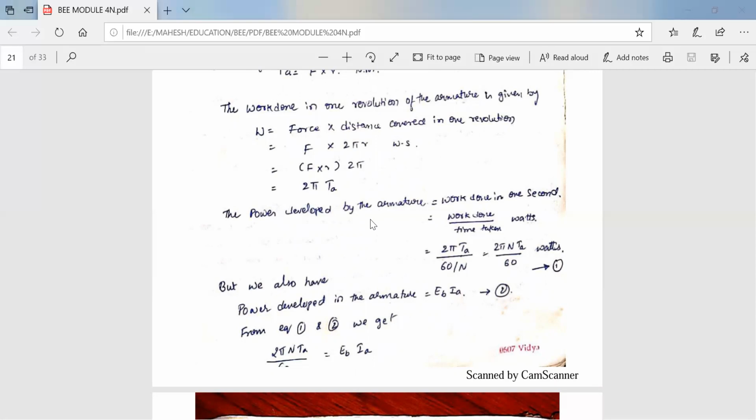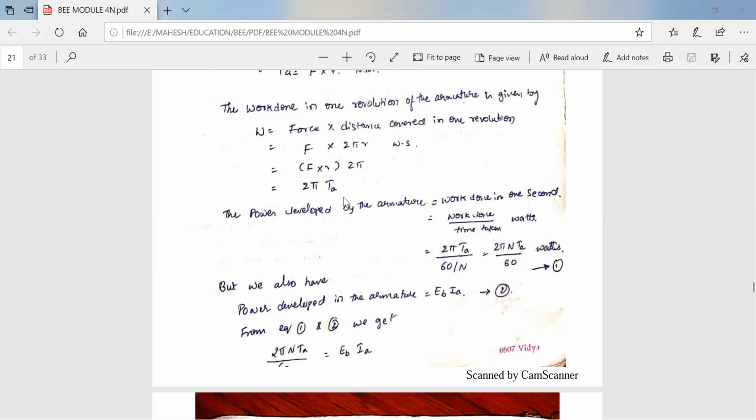We have seen in the EMF equation of a DC generator that it is given by 60 by N. The same equation I have taken here: the time taken for one revolution is 60 by N. On substituting the work done per time taken, 2 pi into Ta divided by 60 by N, and adjusting the terms, we get P equals 2 pi N into Ta divided by 60.